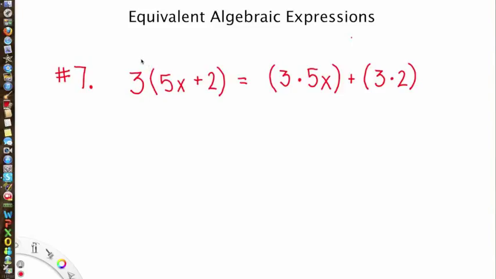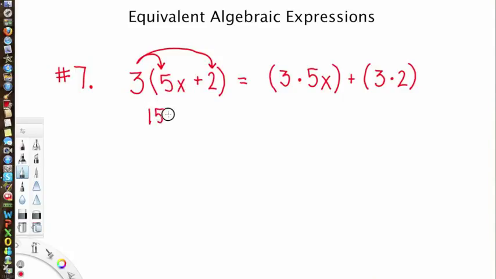Well, the first thing I'm going to do is practice my distributive property here, and distribute this first term 3 to both of the terms inside the parentheses multiplicatively, so 3 times 5x would be 15x. Just imagine having 5 x's 3 times. We add them all up, we'd have 15 x's.